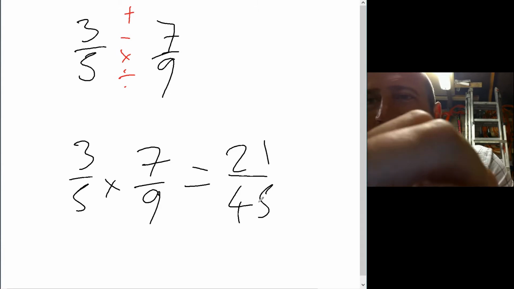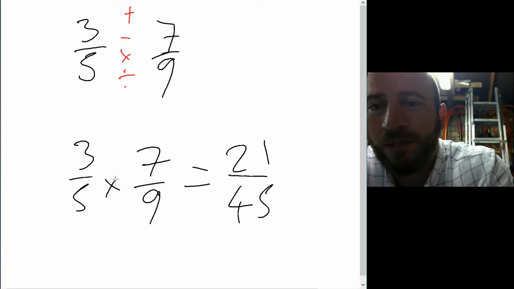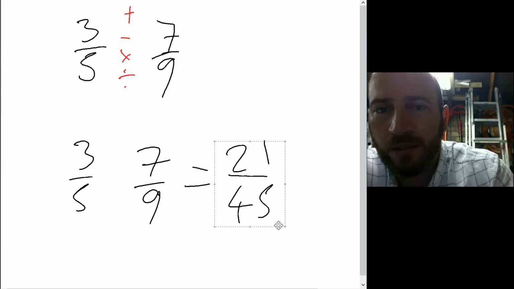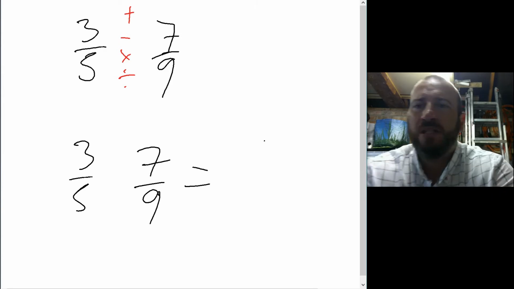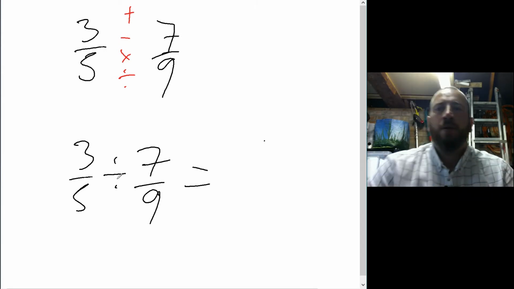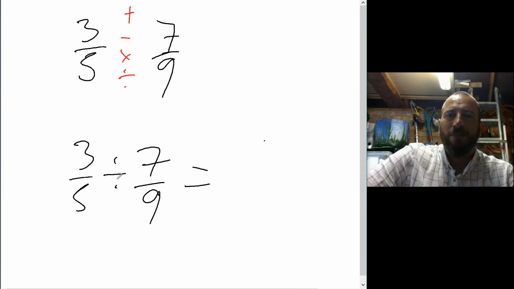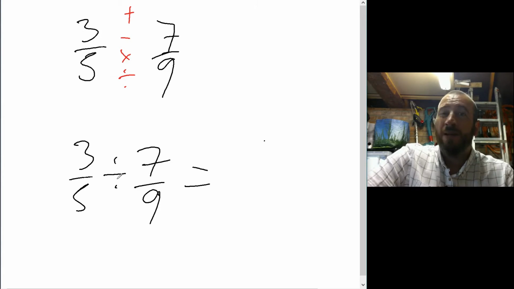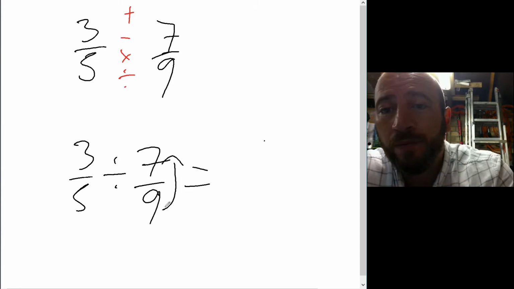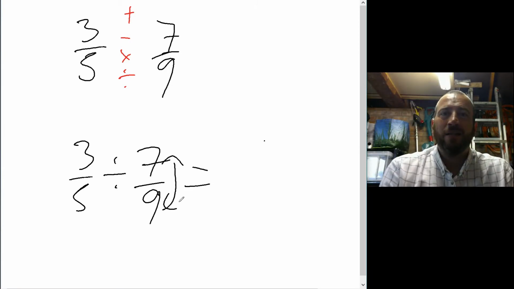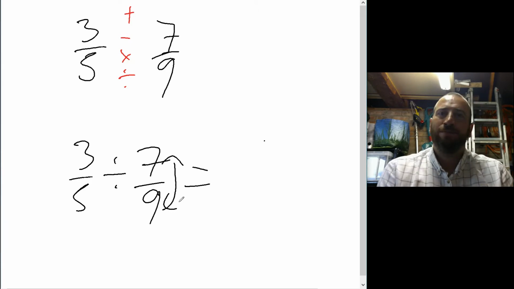Division is the second easiest thing to do. Let's just get rid of this and get back to my pen. We divide. Now this is a little bit more involved than multiplying, but it's still as easy. All we have to do first is flip the second fraction, the one to the right.